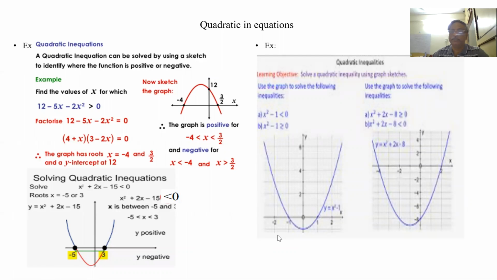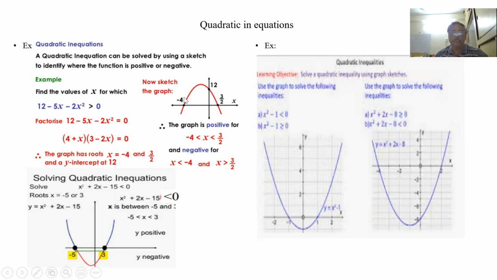Let us see. Let us understand quadratic inequations. In inequations, we have 0. Suppose this is an equation, this is 0. Inequation means either we have greater than or we have less than. Suppose equal to 0 means these two roots; at this point, y is 0.